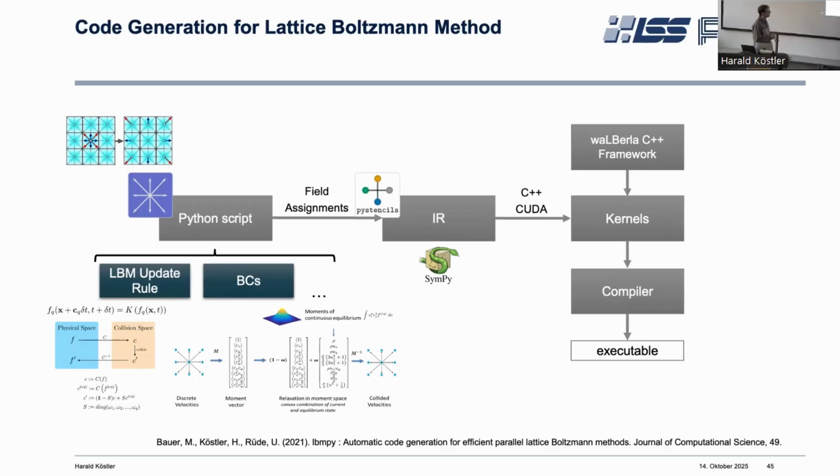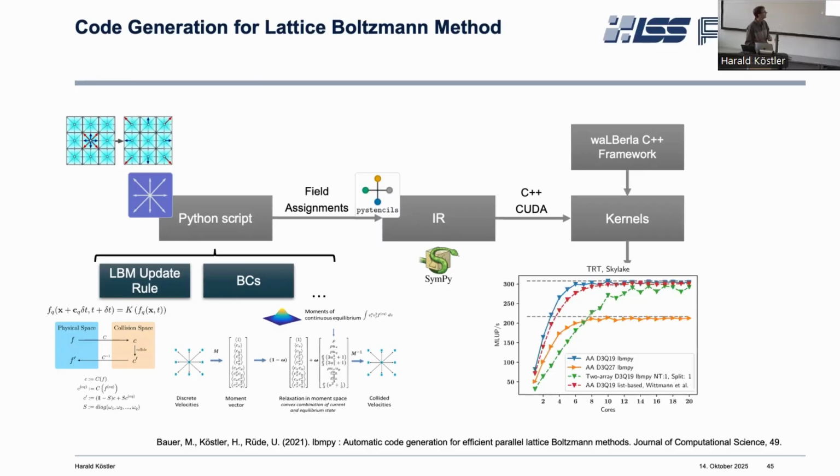These are then translated into kernels in a second library called PyStencils. So the first library deals with the lattice Boltzmann method, and the output is a SymPy-based expression, which is then translated into, for example, C++ or CUDA code.